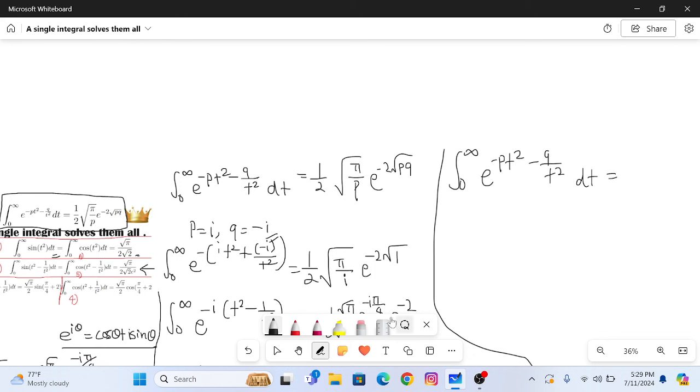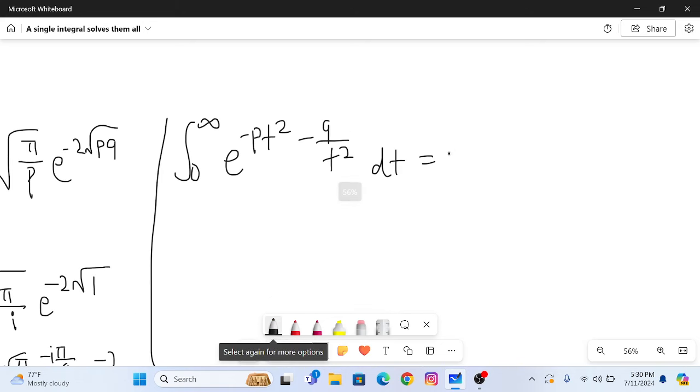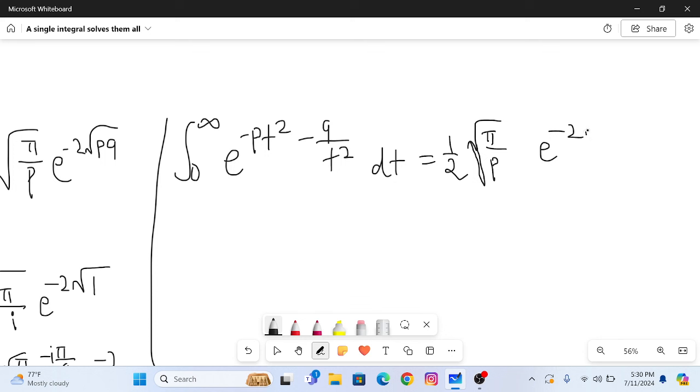This is equal to 1 by 2 root pi over p e to the power minus 2 root pq. Okay, now in this formula if we place both p as i and q as also i, we will get that third and third last formula.